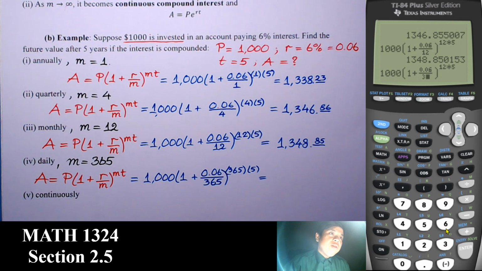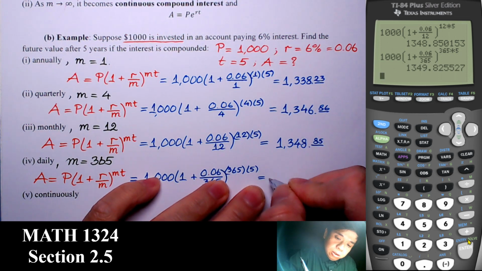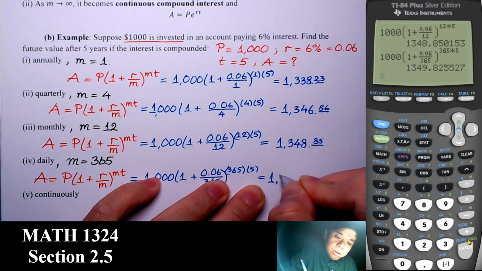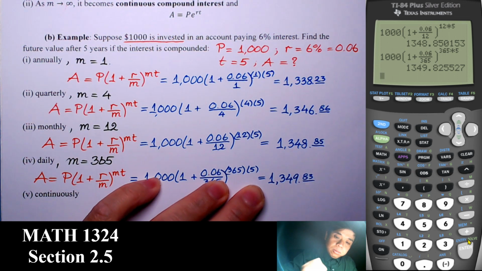You have 365 days. You have 365 times 5. So we have that.